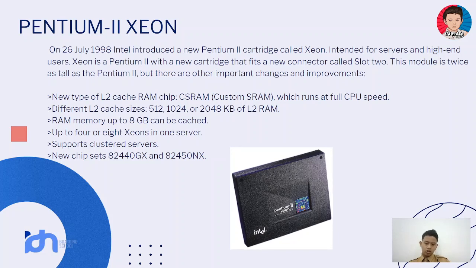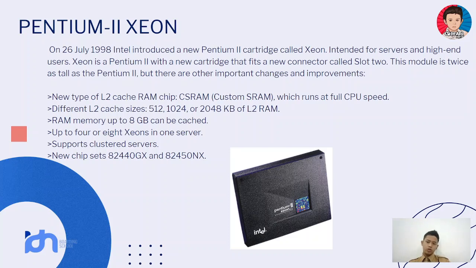And next, Pentium 2 Xeon. On 26 July in 1998, Intel introduced a new Pentium 2 cartridge called Xeon, intended for server and enterprise users. Xeon is a Pentium 2 with a new cartridge that fits a new connector called slot 2.